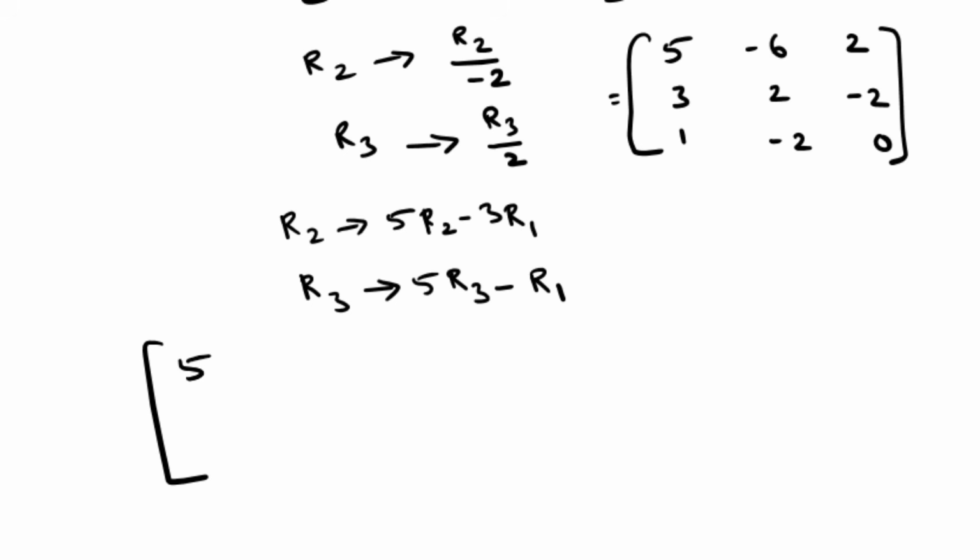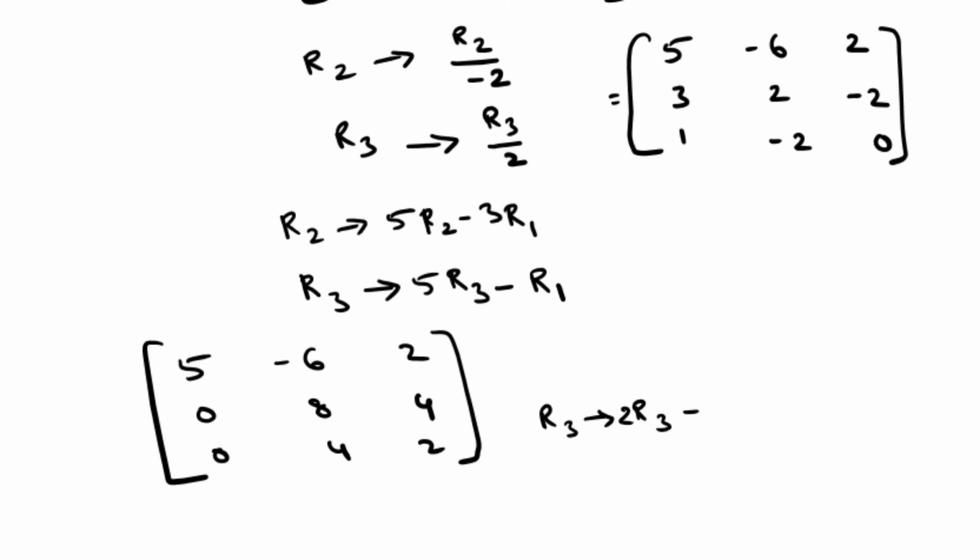Row 1 will be as it is, 5 minus 6 2; row 2 is 0 8 4; row 3 is 0 4 2. Now R3 implies 2R3 minus R2.